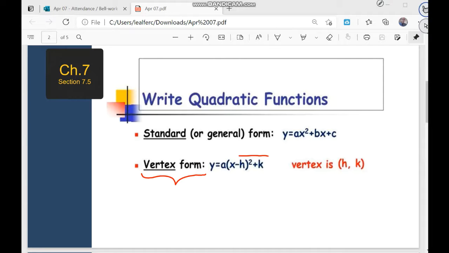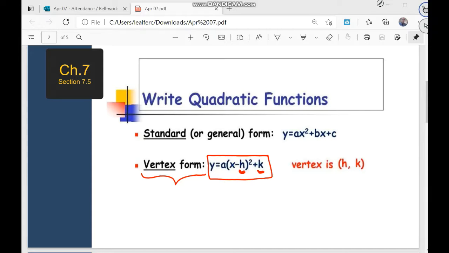This kind of form here is the vertex form, because you can look at the function and straight away see the x coordinate and the y coordinate of the vertex. If the question is, what is the vertex of this function? You can write, yes, I know, the vertex is x equals h and y equals k. That's it.